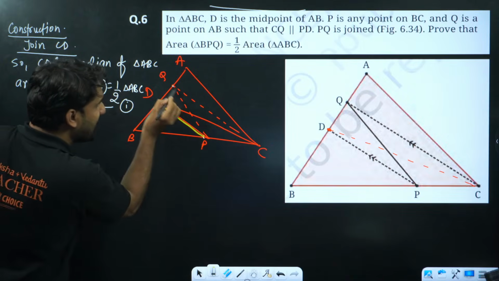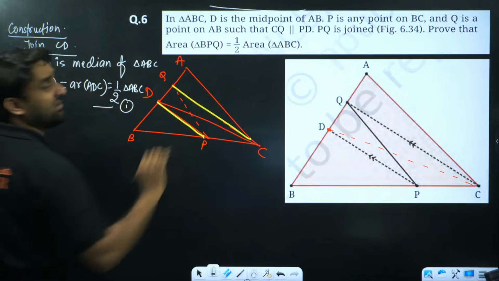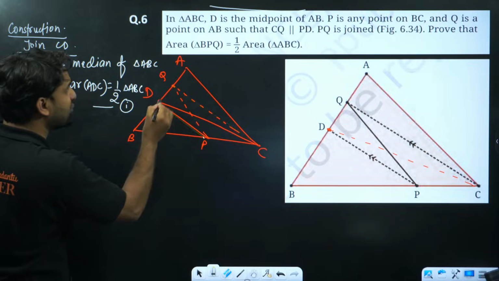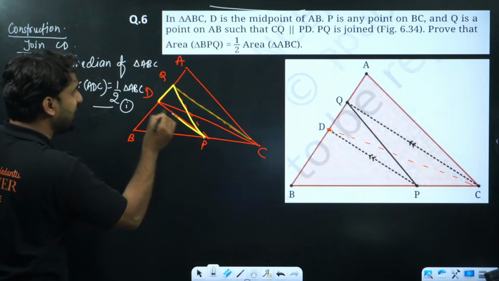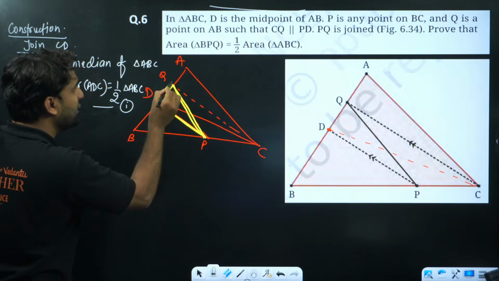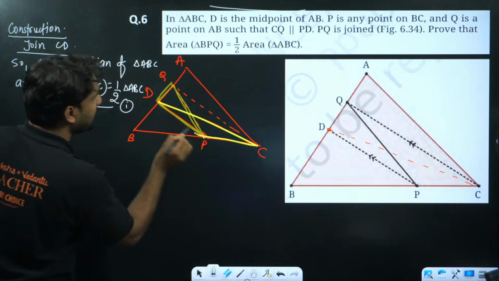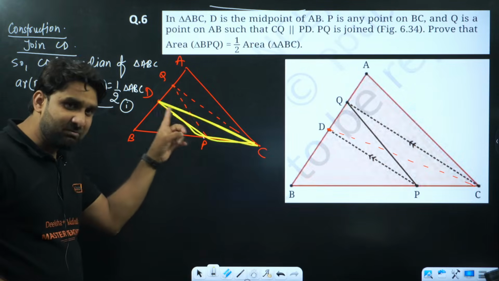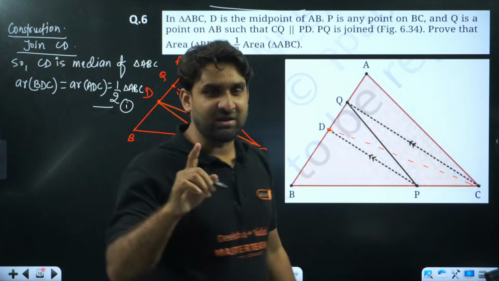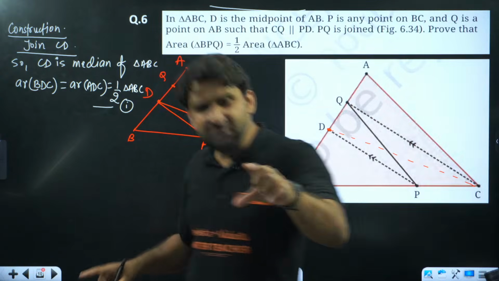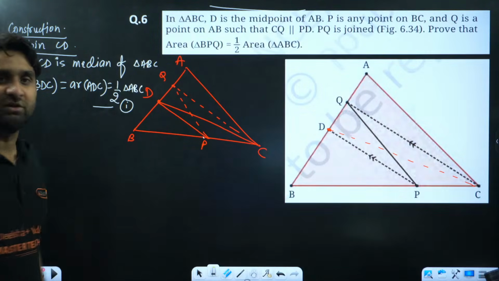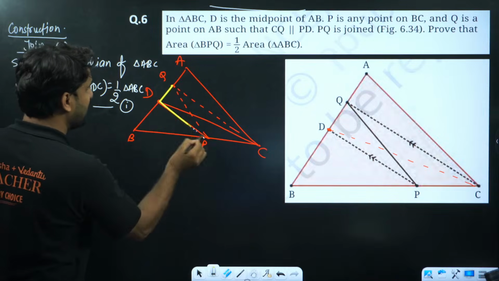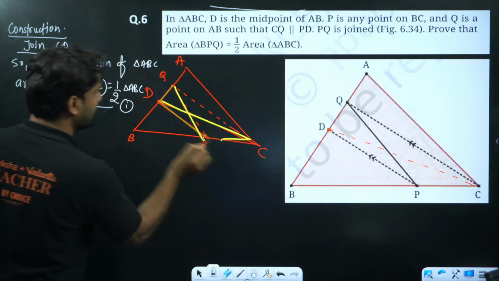This line is parallel to this line, which is already given there. If we join PDQ and PCD, both the triangles are on the same base between the same parallels. And if the triangles are on the same base between the same parallels, they are always equal to each other. So this triangle will be equal to this triangle.